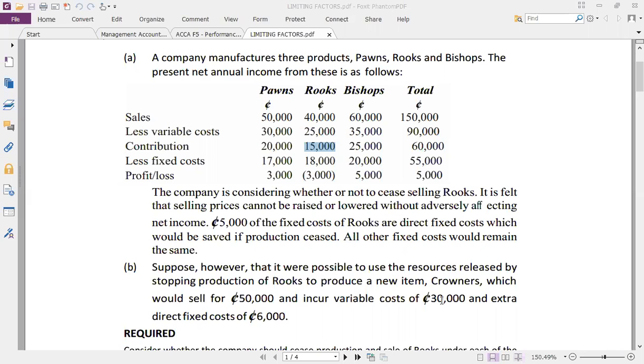So 20,000 minus 6 is 14. So there's a gain of 14,000 that they are getting from elsewhere. It offsets the loss of 10,000, and they get a profit of 4,000. In short, let's go ahead, but let's perform a calculation for it.